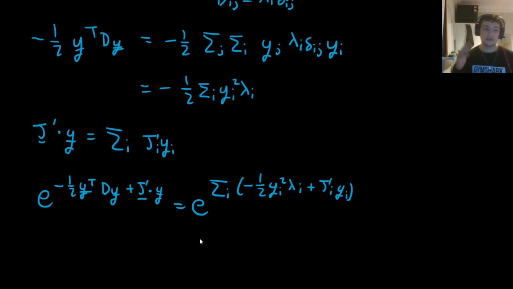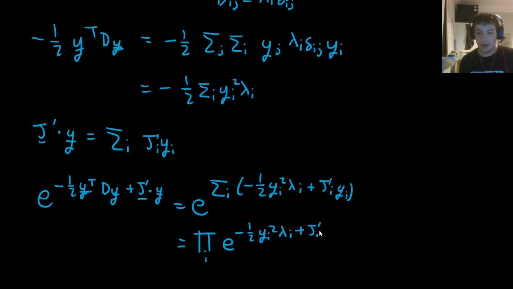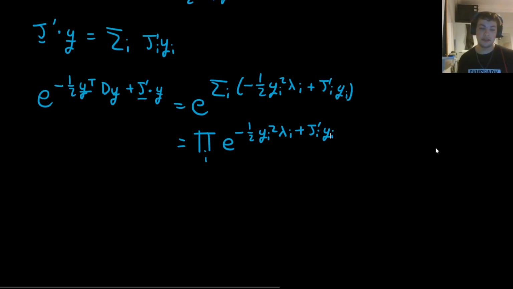That's good. That's looking more like what we had before, and so this is the product over all the i's of e to the negative half yi squared lambda i plus j primed i yi, which is good because we've split our integrand into a product of integrands, each depending on only one of the yi's.